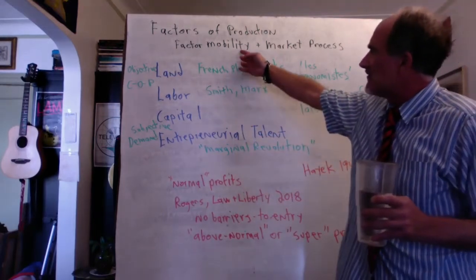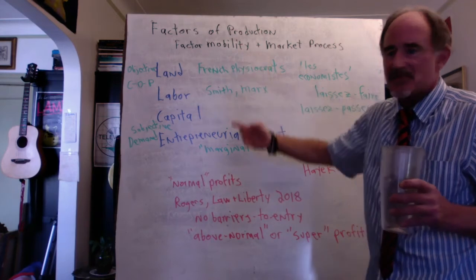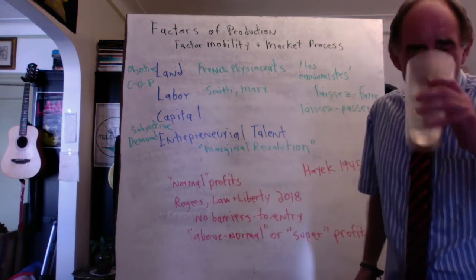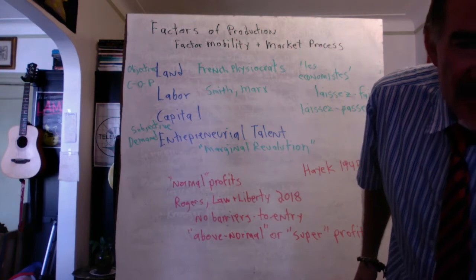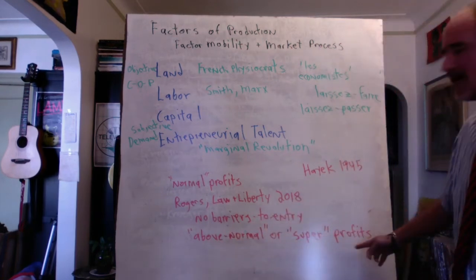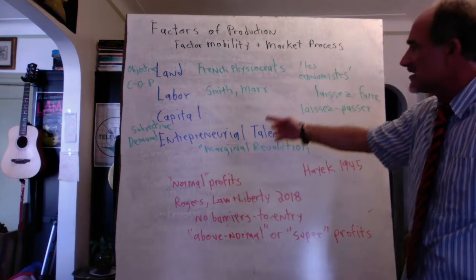You no longer have factor mobility. You have factor immobilities. And when you have these barriers to entry, that creates above normal or super profits, because the competition process, the market process, isn't allowed to work.